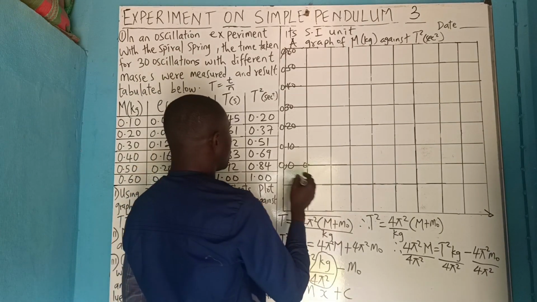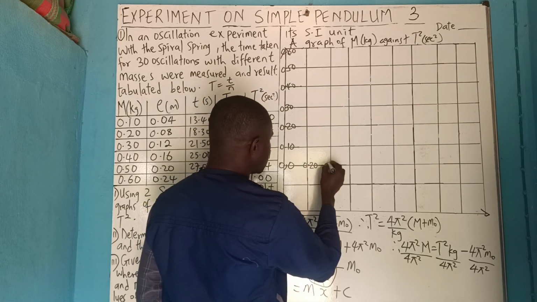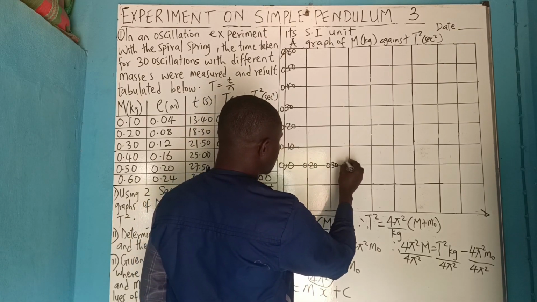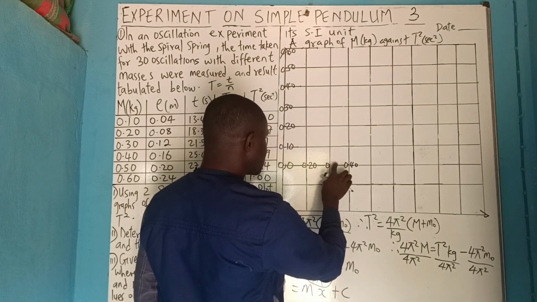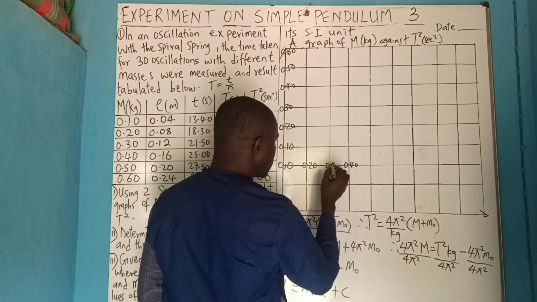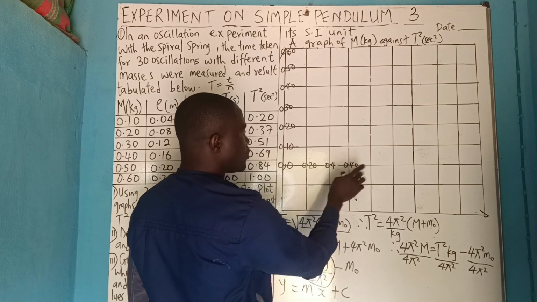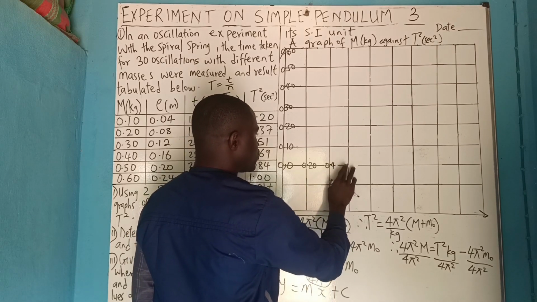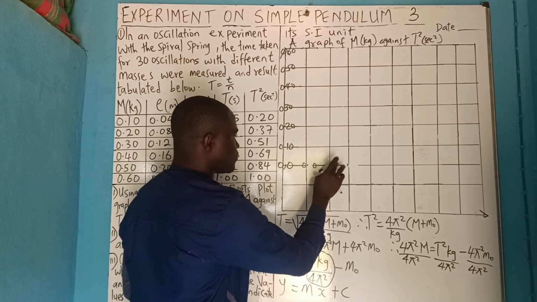So let us use it by 0.2. I think this one will not go well. Let's check another appropriate scale.